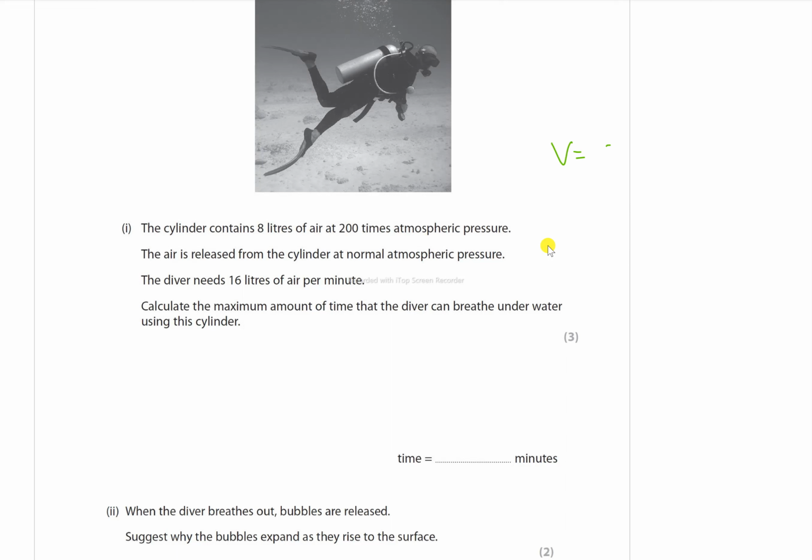So volume is 8 liters, which is 8,000 centimeter cubed. Because remember, 1 liter equals 1,000 milliliters, which equals 1,000 centimeter cubed. The diver needs 16 liters of air per minute.